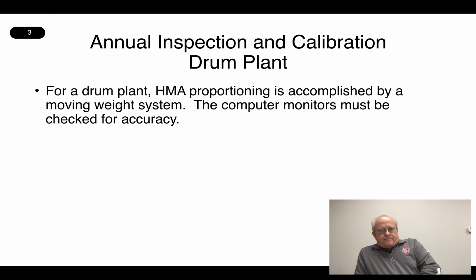In a drum plant, proportioning is accomplished by a moving weight system. The computer monitors must be checked for accuracy. By moving weight system, rather than batching things out, we have scale conveyors where the material is just going up a conveyor belt and we're weighing it continuously.